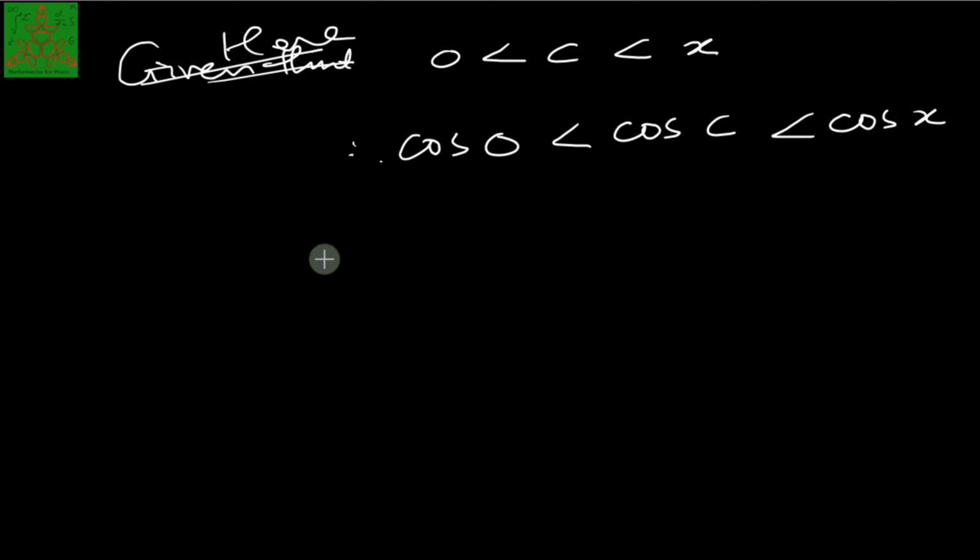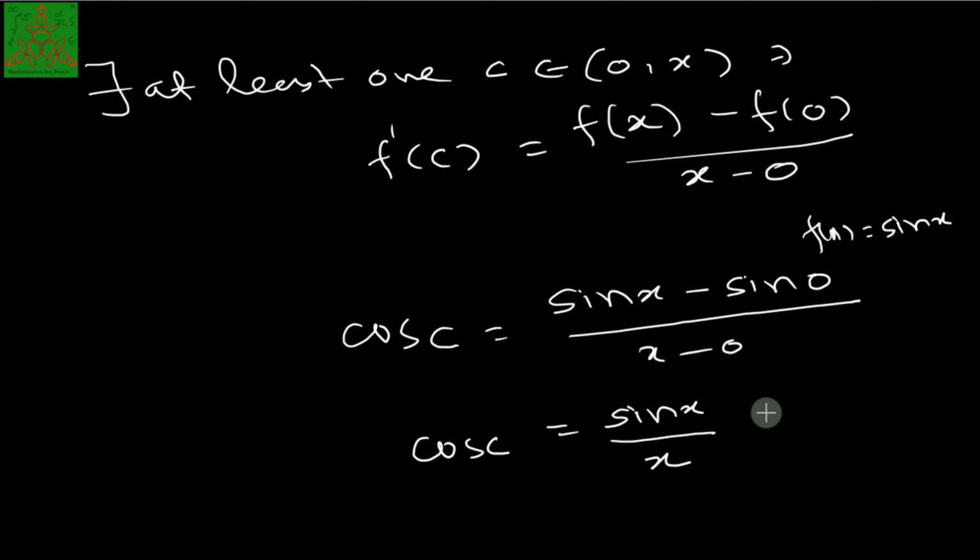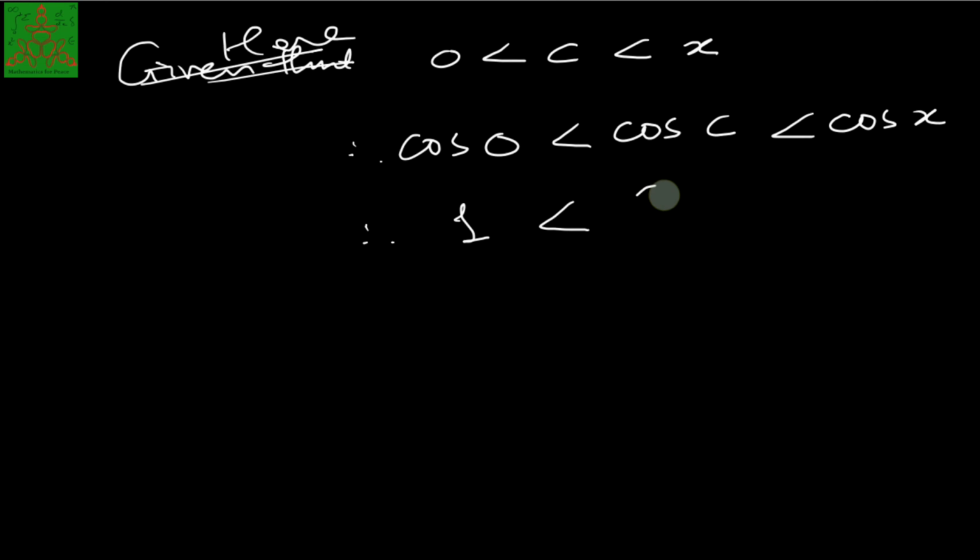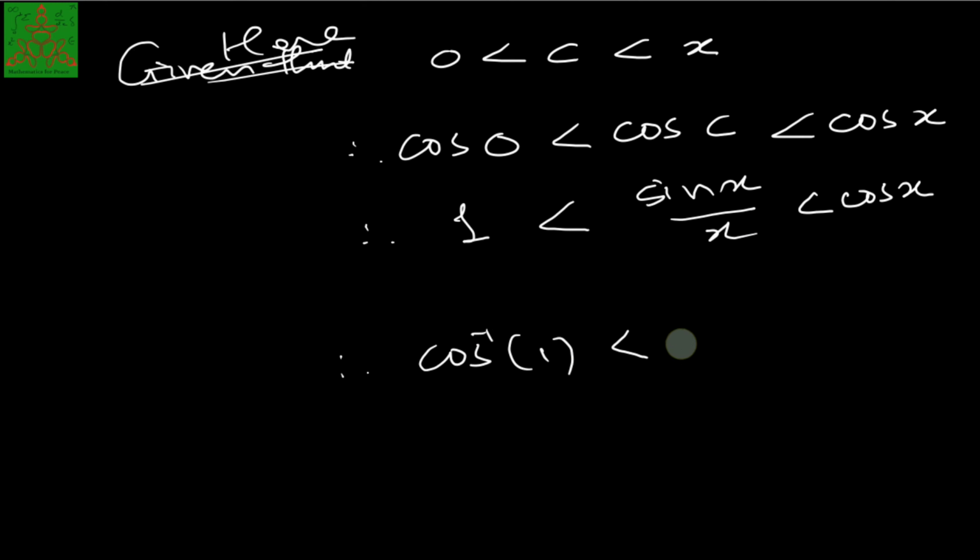The cos 0 will give me 1, that is less than cos c. The value of cos c we can write from equation 1 as sin x upon x, which is less than cos x. Now if I apply cos inverse on both sides, cos inverse of 1 is less than cos inverse of sin x upon x, which is less than x.